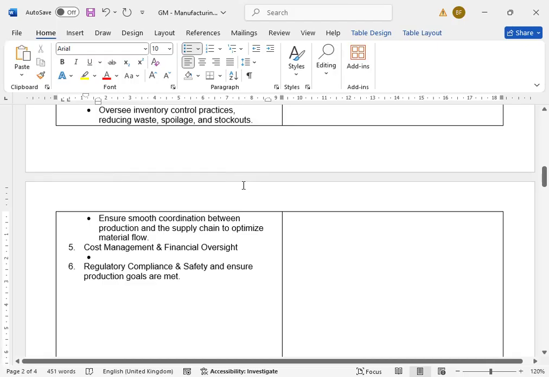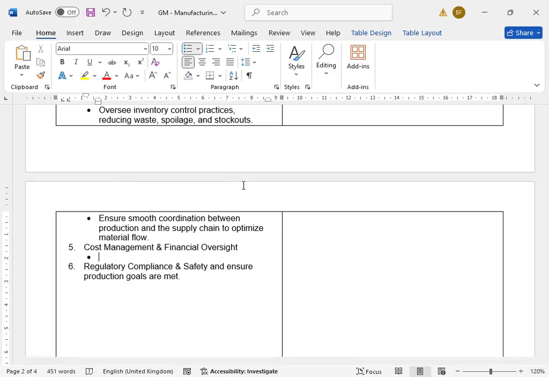Number 5 is cost management and financial oversight. This is also equally important, a key responsibility of the GM. So what would be this one? Manage and optimize the manufacturing budget.